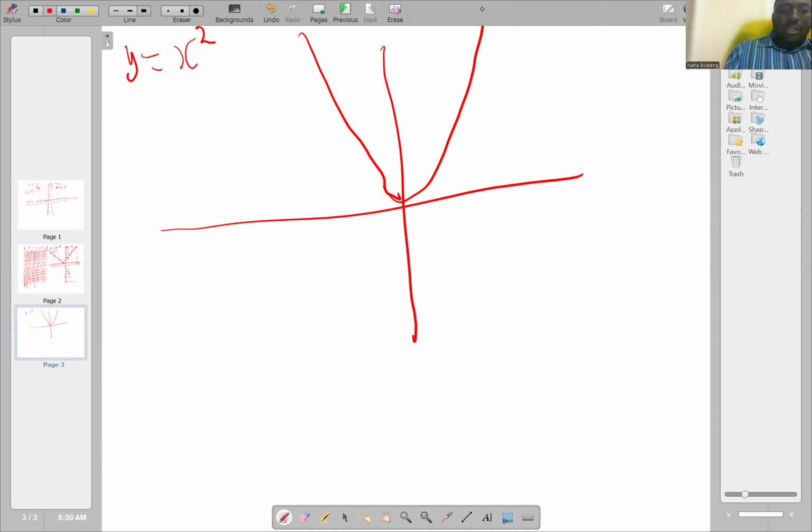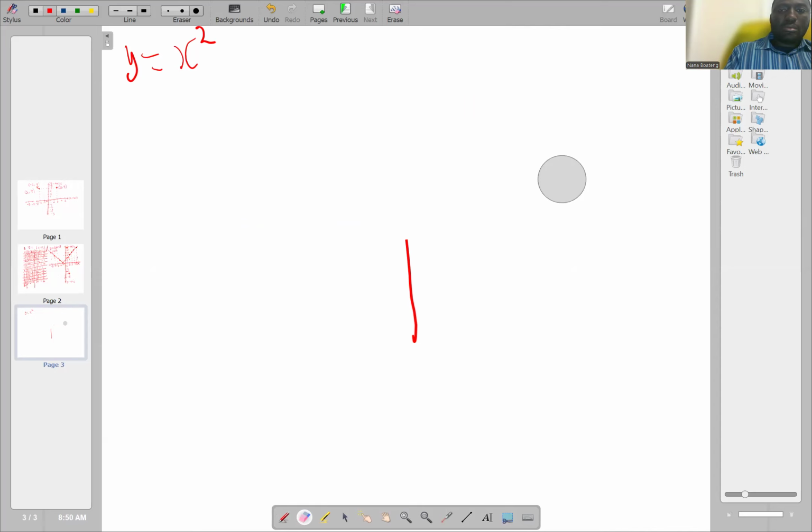Let me draw a different graph to explain this. Let's say we have this graph, y is equal to x squared minus 1. It will look something like this.